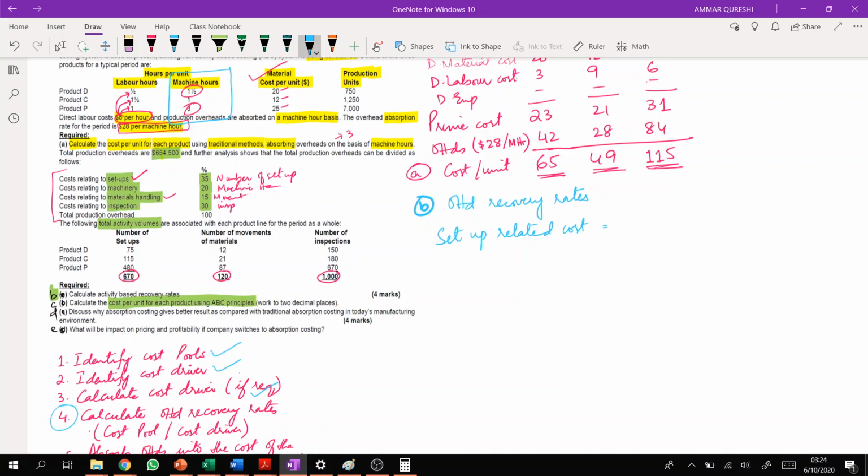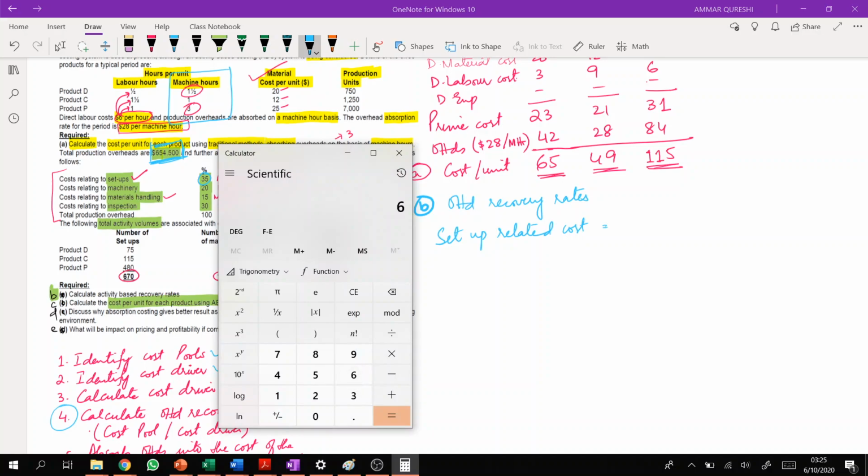right? Setup related cost, it says 35% of the total overheads, right? And what are the total overheads? Total overheads are 654,500. These are the total overheads, right? So 654,500, multiply by what?